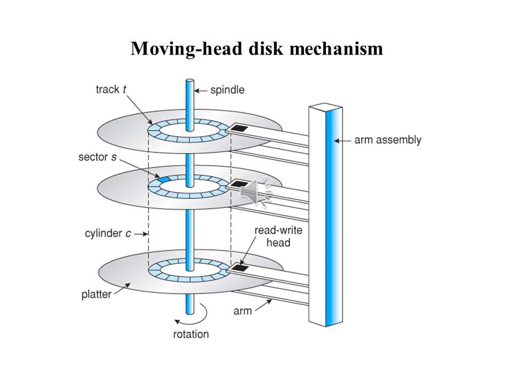This complete spindle will rotate. All the arrangement is bound with the spindle. The spindle rotates, and along with the spindle, the complete platters. When the platters move, the tracks and the cylinders move at the same time. On the right side, we have the arm assembly, called the read-write mechanism, which simply consists of a read head and a write head.